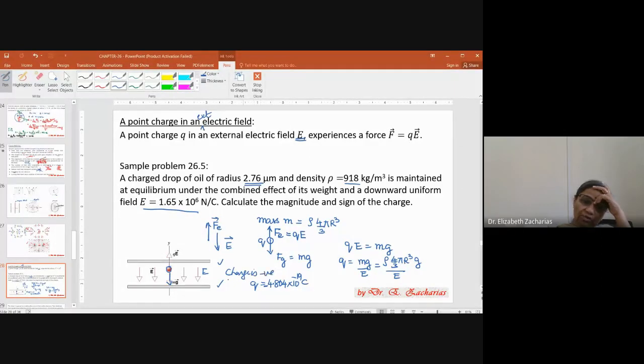Now tell me how many extra electrons are there on this oil drop. The number of extra electrons on the drop is Q divided by e. What is e? e is the charge of 1 electron.